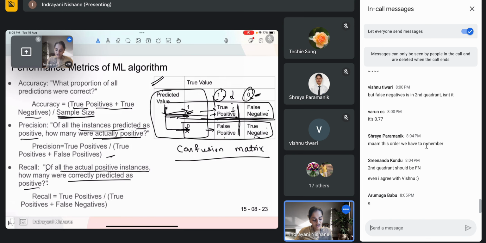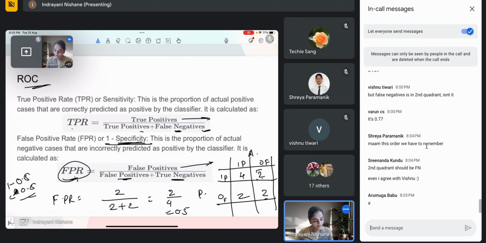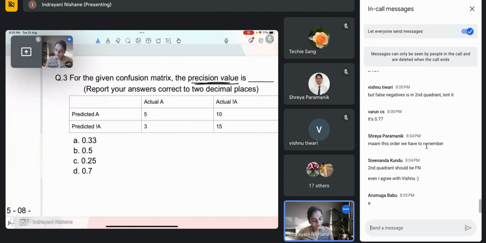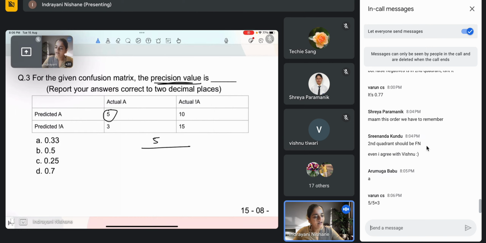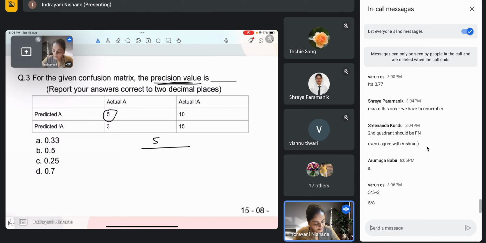So true positive predictions divided by the total number of positive predictions, which is 5 divided by 5 plus 10, which is 5 divided by 15. It should be 0.33.